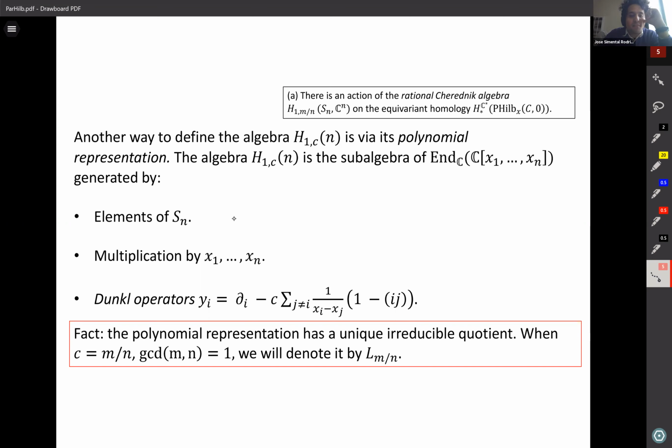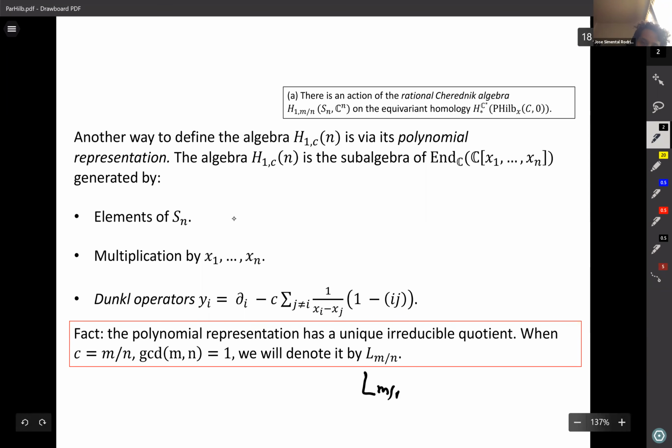When the value of c is m over n with GCD equal to 1, although I will expand later on how essential this hypothesis is, I will denote this unique irreducible quotient by L m over n, or sometimes, just to emphasize that the rank of the group is n, I will denote it by this. So that is what the rational Cherednik algebra is.